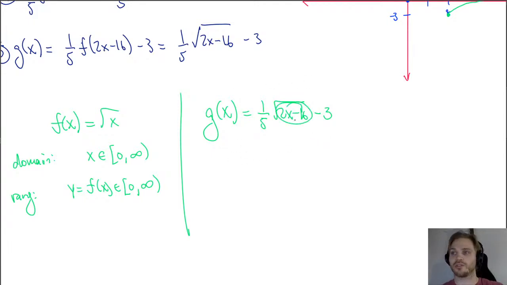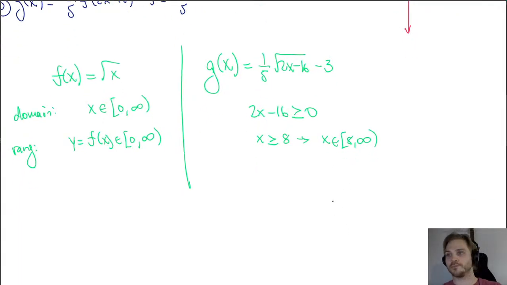Everything under the square root needs to be greater than or equal to 0, because it can't be negative. So 2x minus 16 has to be greater than or equal to 0, which means you add 16, divide by 2. X has to be greater than or equal to 8, which is what we saw in our graph. So you could also write this as x is on the interval from 8 to infinity.